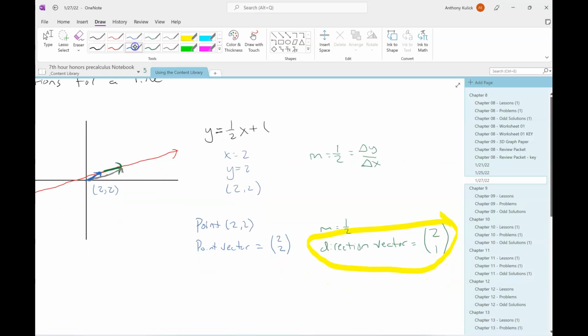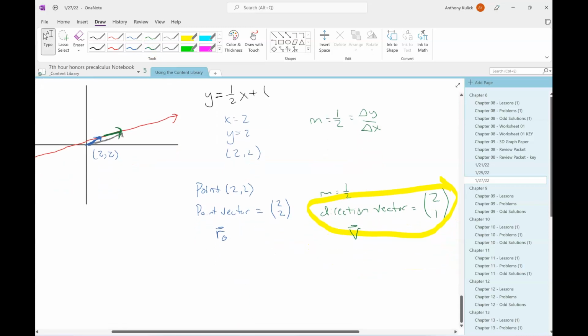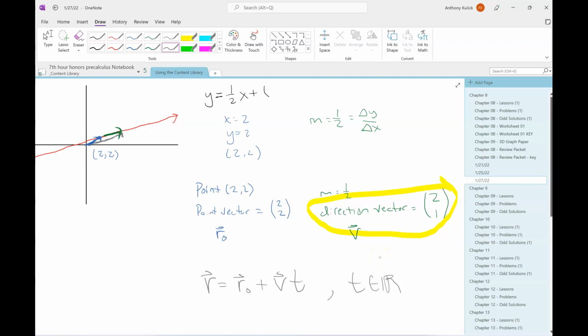Okay, so the point vector, we're going to use the symbol R0 to describe it. The direction vector, we're going to use the symbol V to describe it. And we're going to call our vector equation of the line: R is equal to R0 plus VT, where T is just a scalar, a real number.